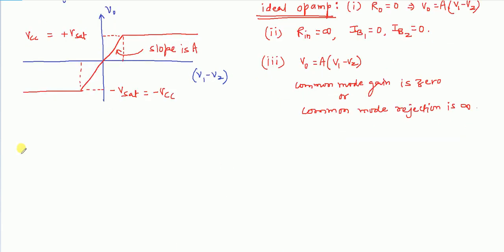Now the next condition is bandwidth. See, the voltage gain of op-amp is constant for all frequencies.